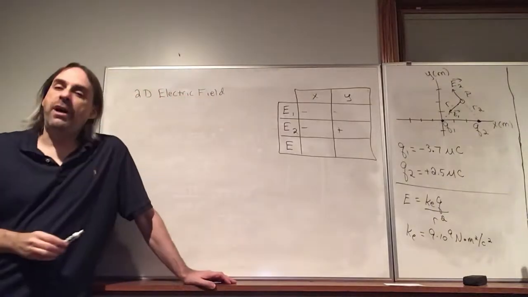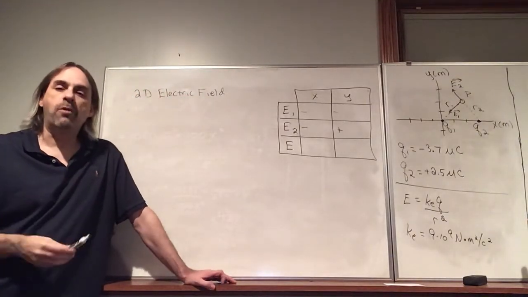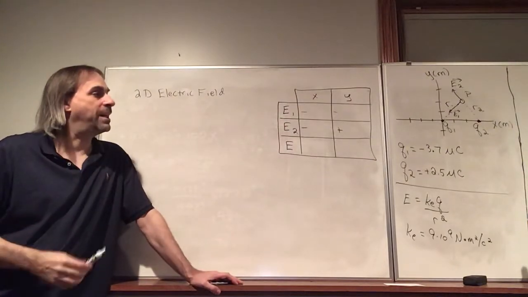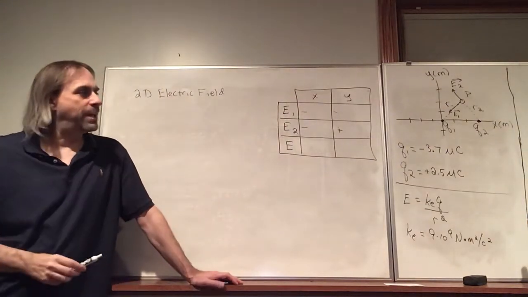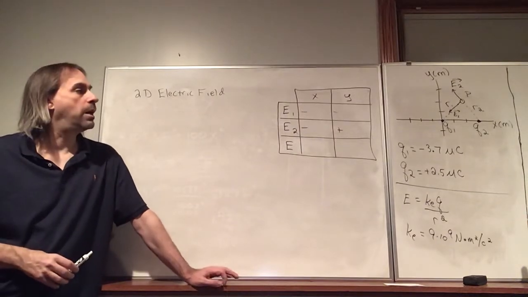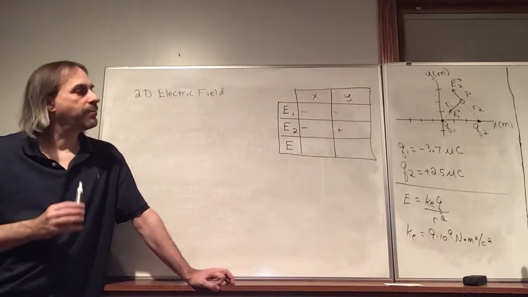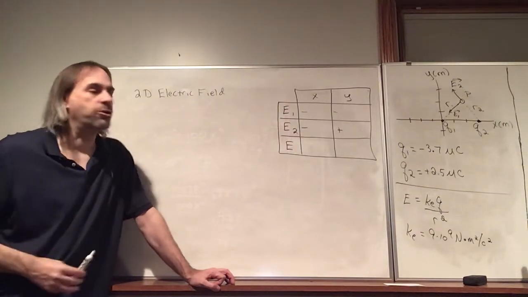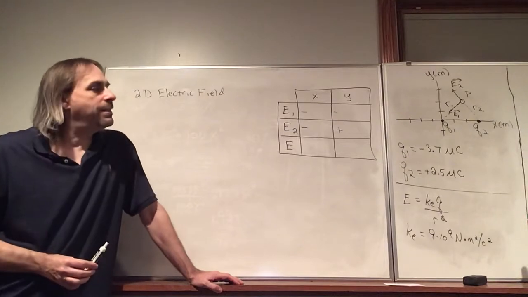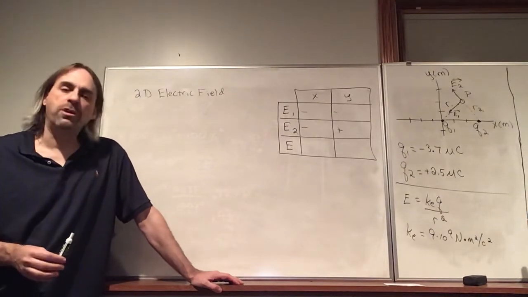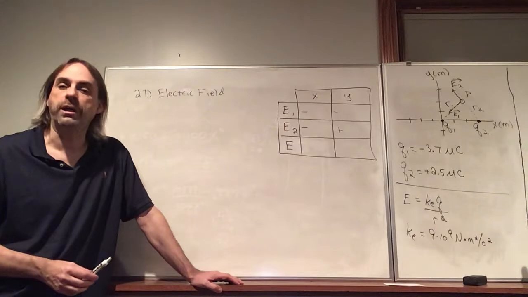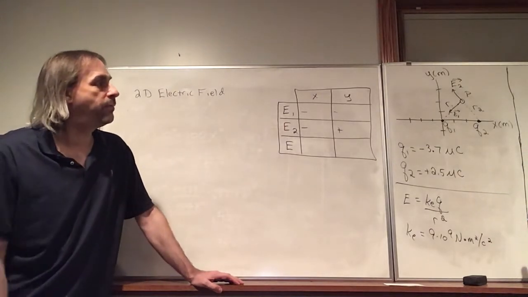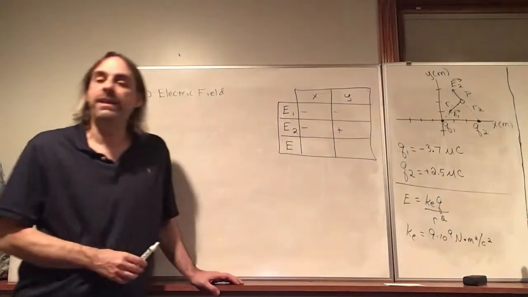We want to start out by finding the magnitudes, and then we break them into components. The reason I like to make this table in advance is you should really look at the picture to determine the components, because ultimately we're going to find angles and take inverse trig functions. Like I mentioned before, the inverse trig functions are a little tricky because our electric field can point in any direction.